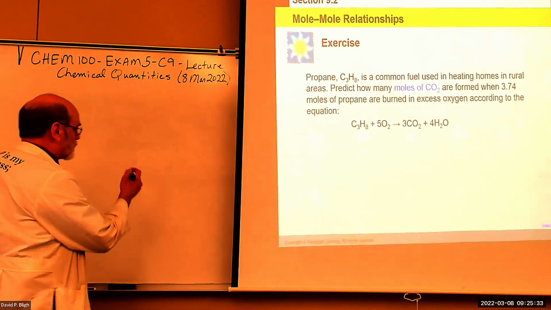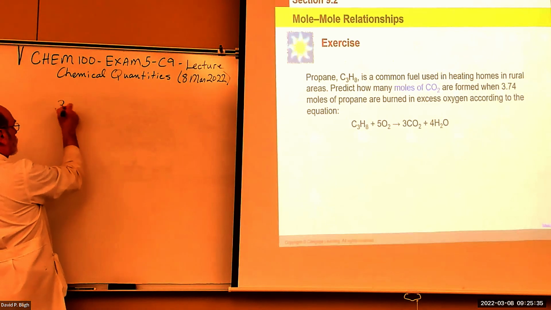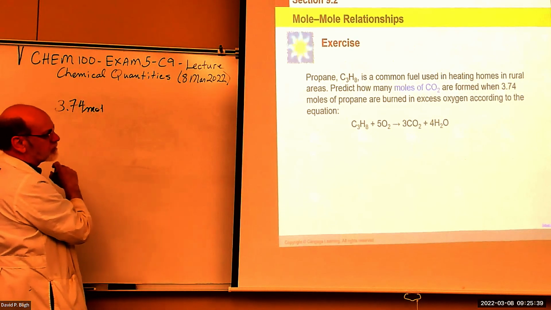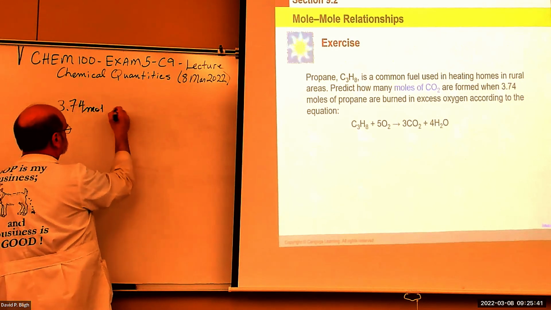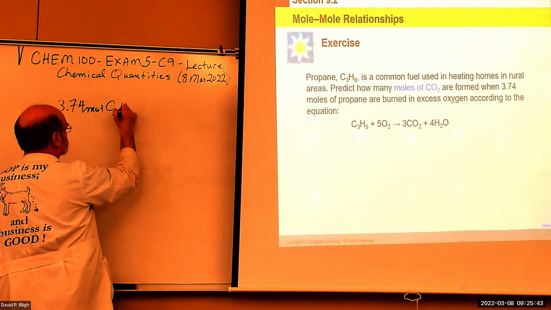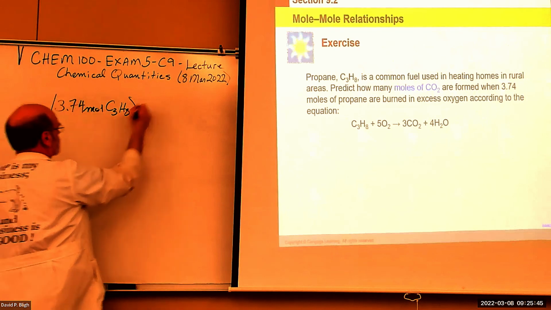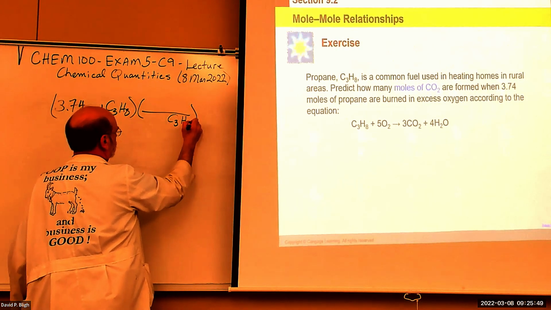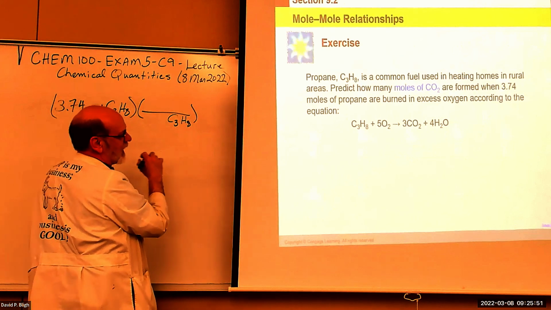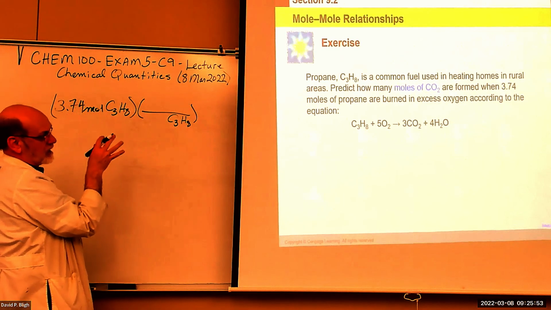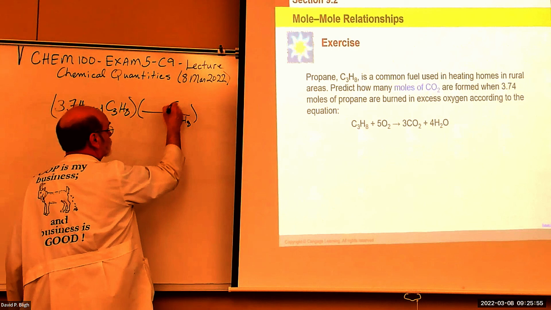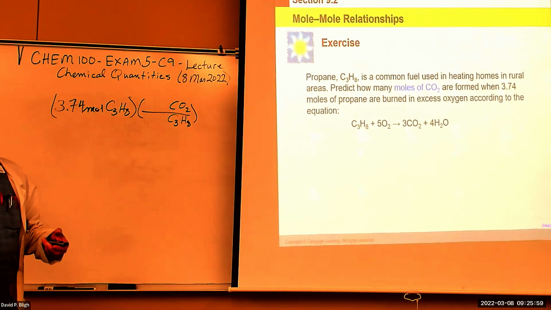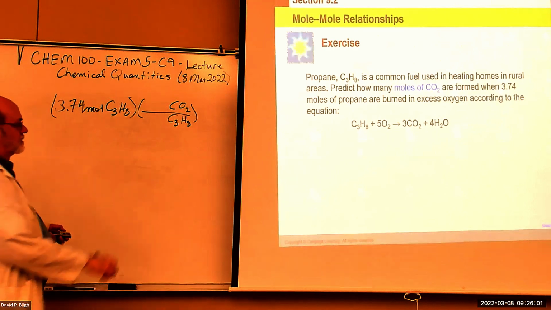So we would take 3.74 moles of propane, C3H8. And we need a conversion factor that will give us how much carbon dioxide will be produced. Okay. Now we need the coefficients to give us our conversion factor. Okay.